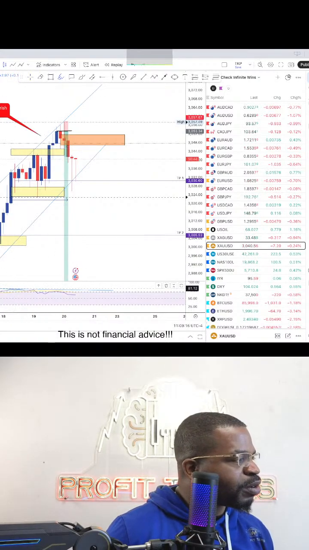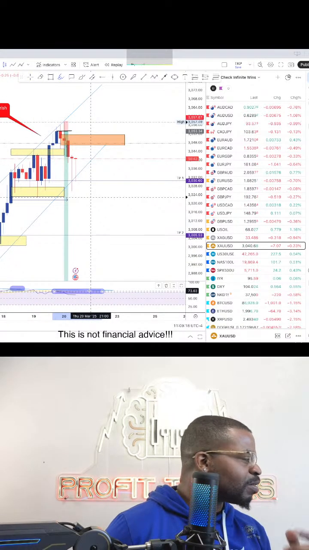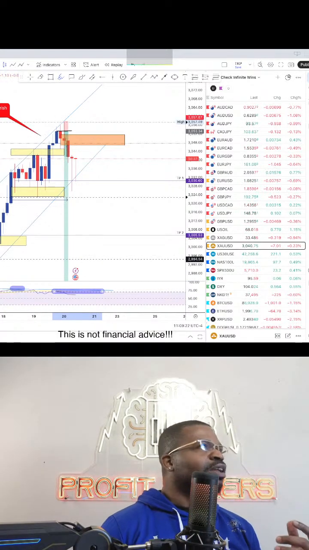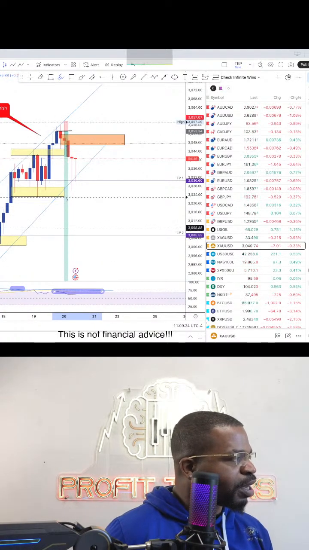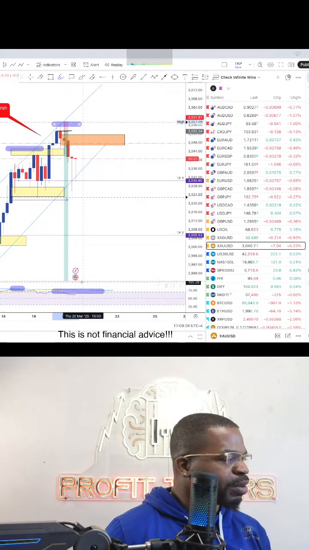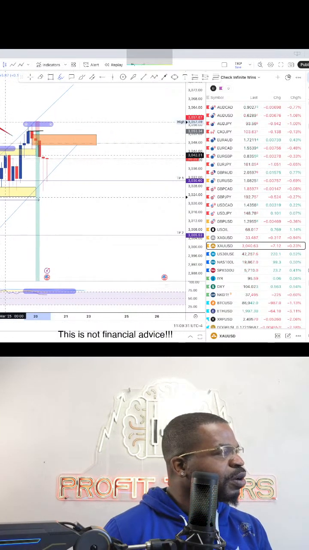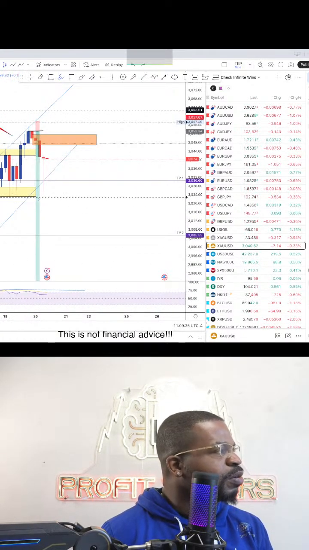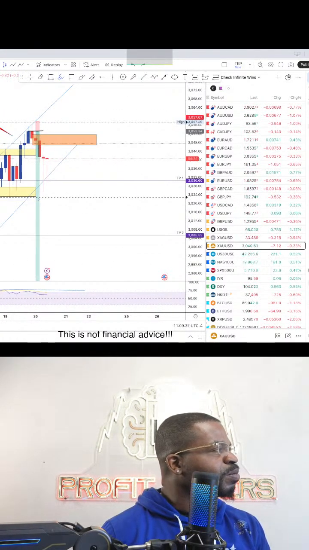So if RSI is creating a different trend in price, we use it as a means of letting us know when a particular trend could change. In this case, it was an uptrend. We got price making higher highs, RSI making lower highs. That lets you know that it is bearish divergence at play, and you should be looking for a reversal.